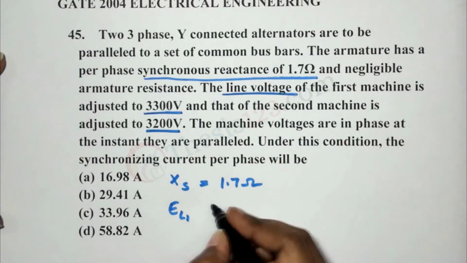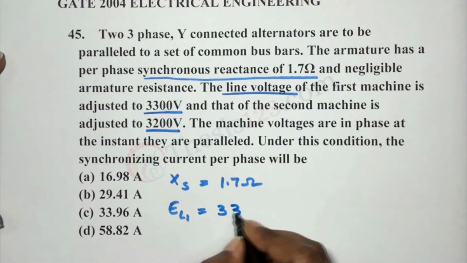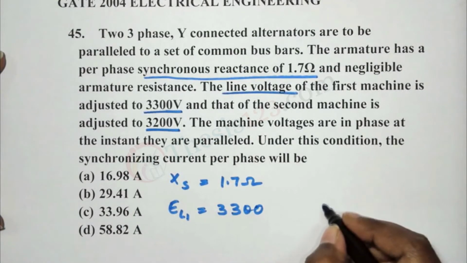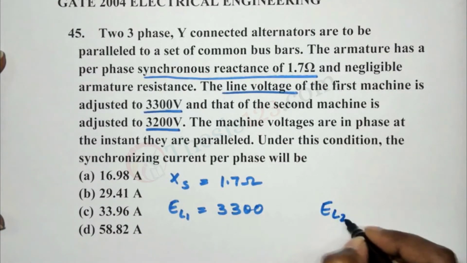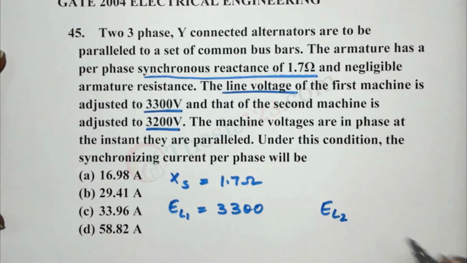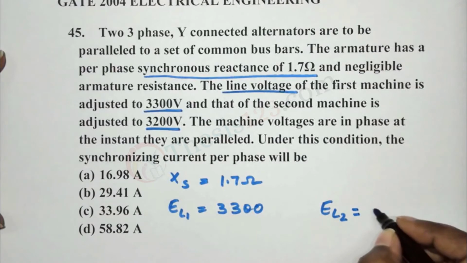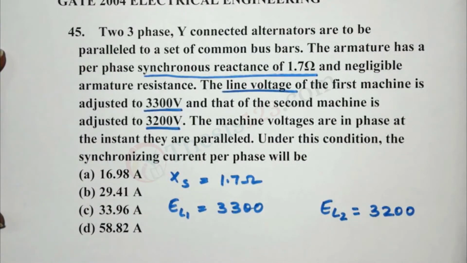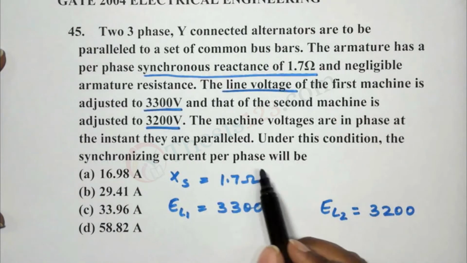This is 3300. And let us call the line voltage of the second machine EL2, which is 3200.